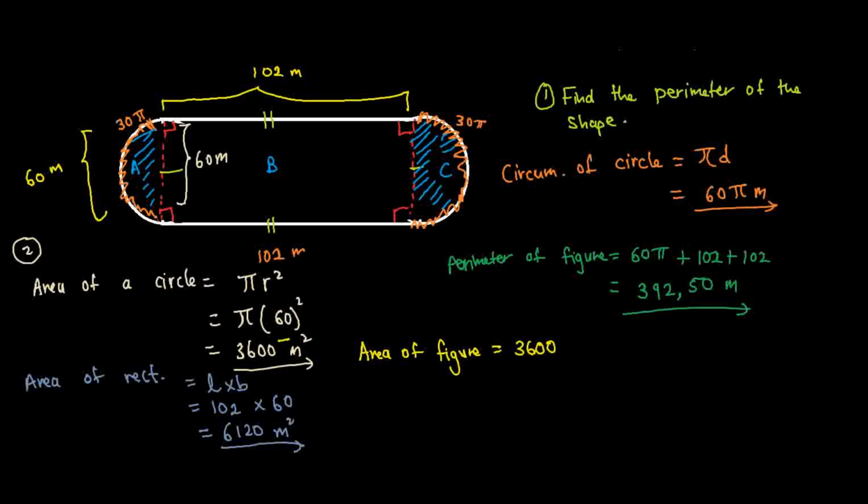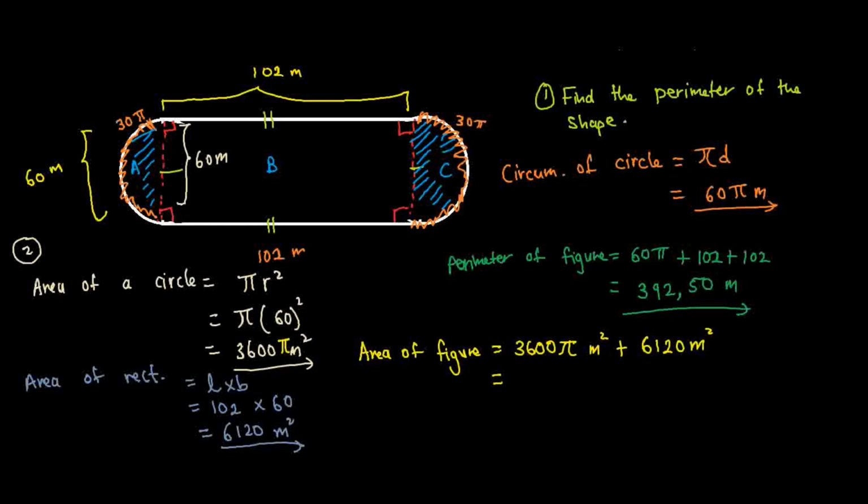So this should be pi, right? So I'm sure you're screaming at your screen and saying, why is it 3,600? So it's 3,600 pi. So please forgive that mistake. So it's 3,600 pi meters squared plus 6,120 meters squared.